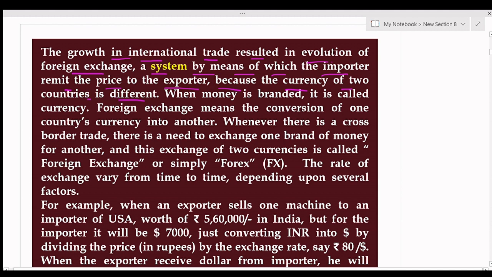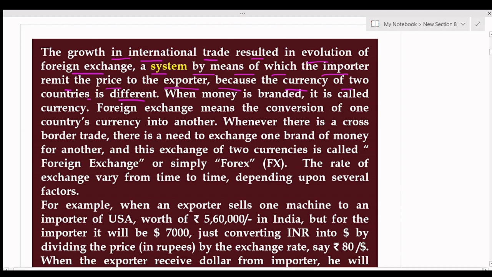For example, the official currency of India is rupees, and the country's monetary system is based on rupees. And in USA, the official currency is dollar.